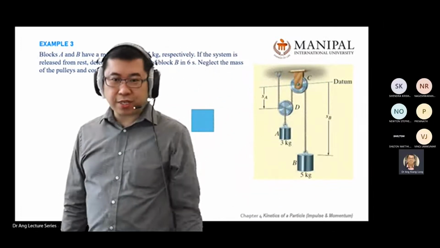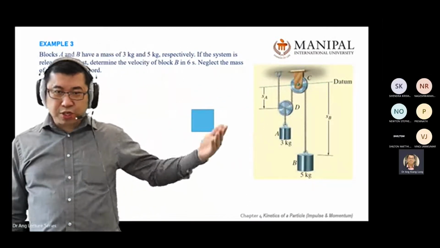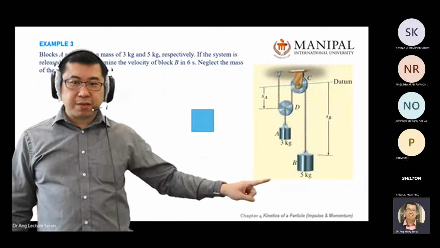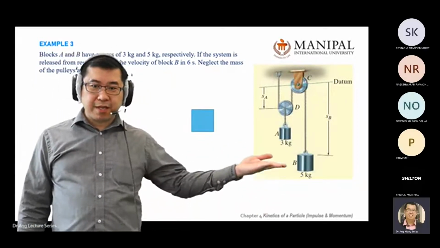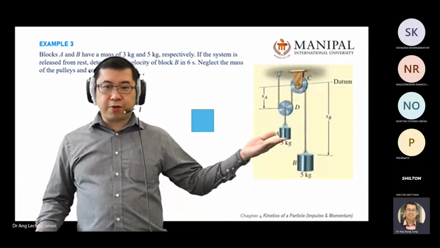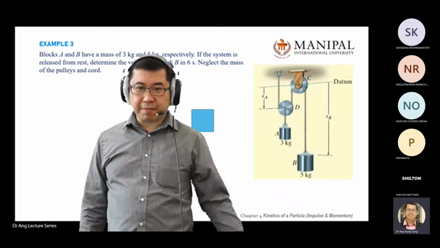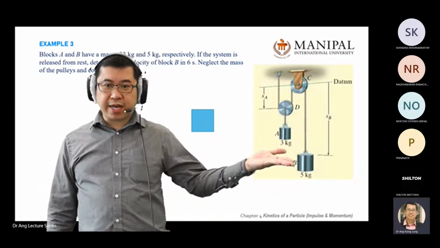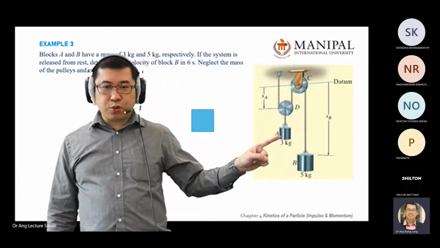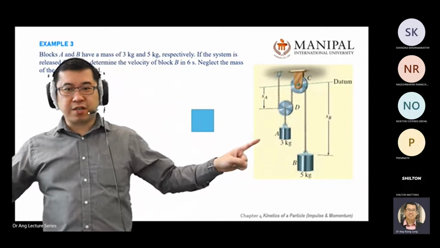Before you start, try to think logically. A is 3 kilogram, B is 5 kilogram. If you release A and B at the same time, can you estimate the motion of A and B?